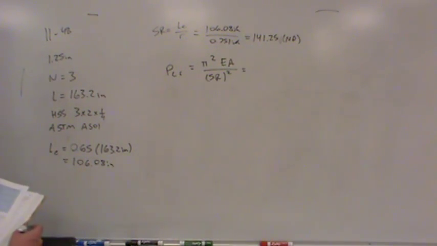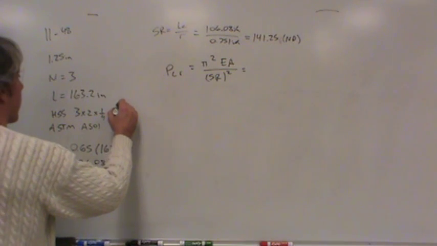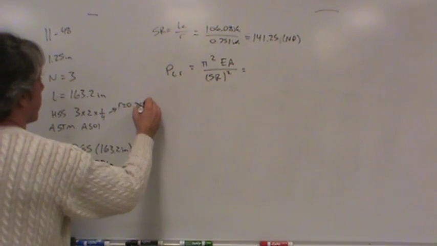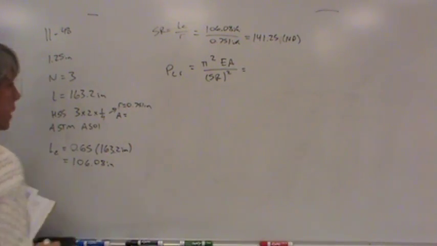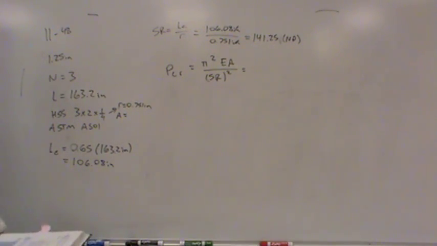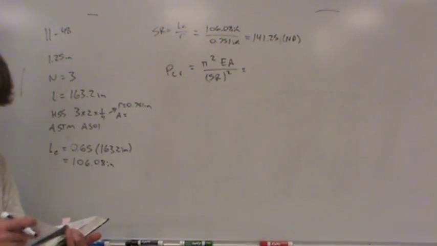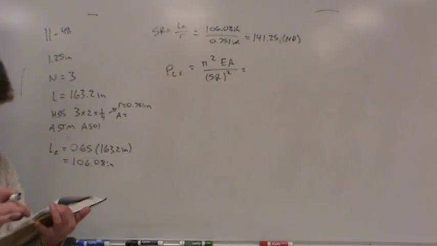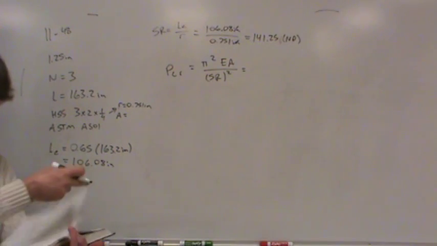And it looks like I should have written down some more properties while I was back there looking at that table. We've got r so far. r is 0.751 inches, but how much cross-sectional area was there? Please go back and look it up if you would. While you're doing that, I'll go to the material properties.